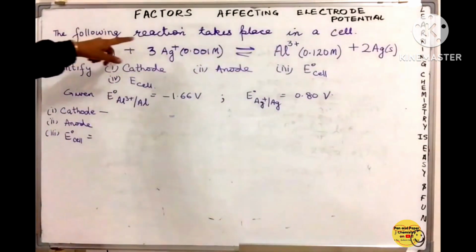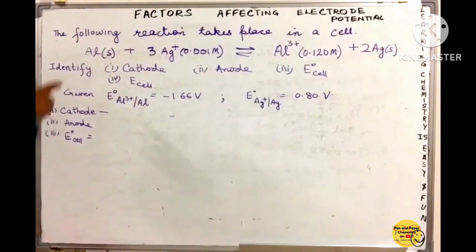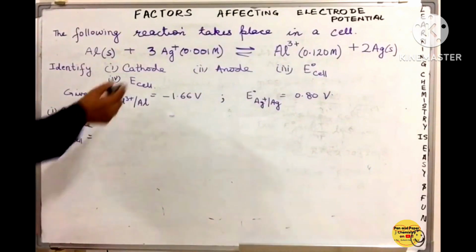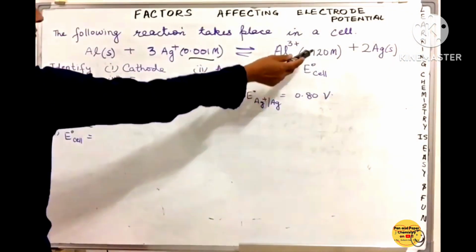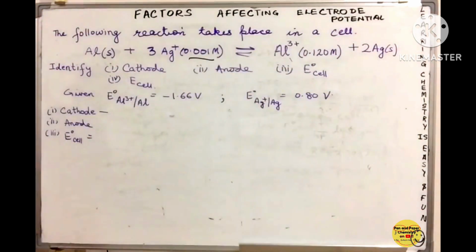The following reaction takes place in a cell: Al(s) + 3Ag+ (with the concentration mentioned) gives Al3+ (again, the concentration of the aluminium ions is given to you) + 3Ag(s).